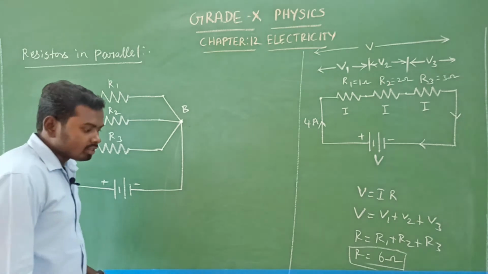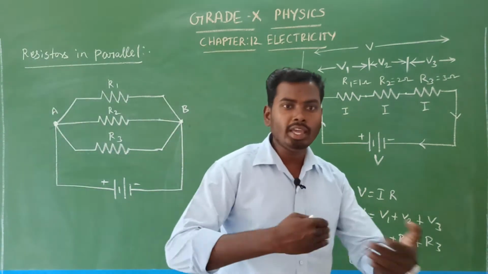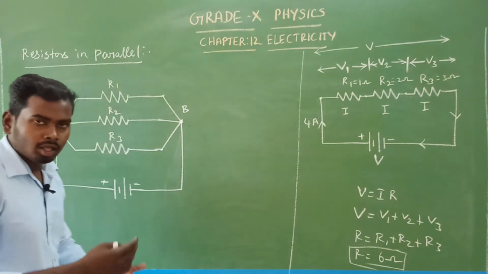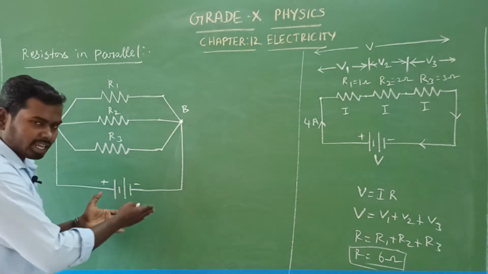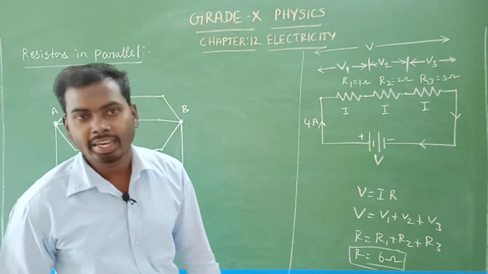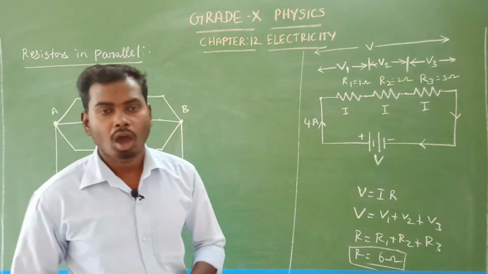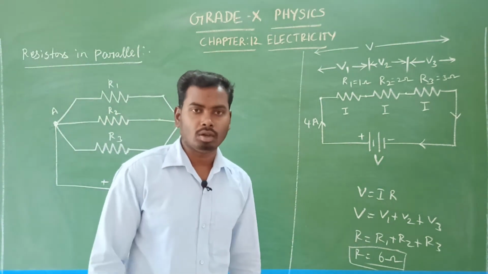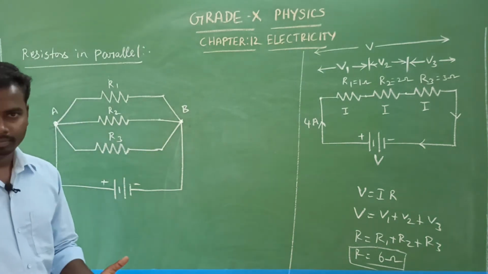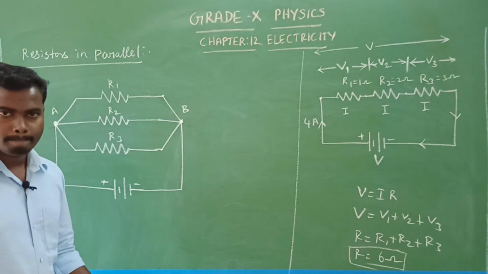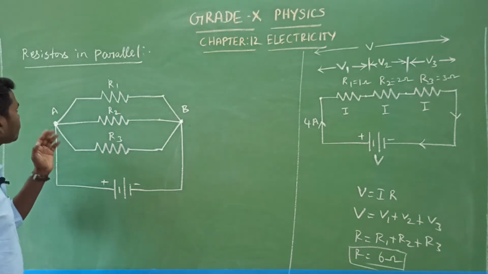So here the resistors are parallel to each other. Am I right or wrong? This combination is said to be a parallel connection or parallel combination. Is that clear? Very easy one.